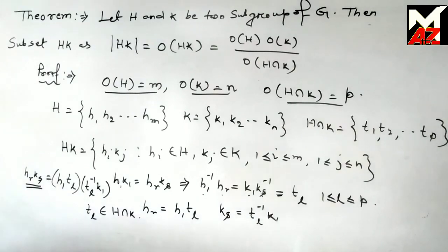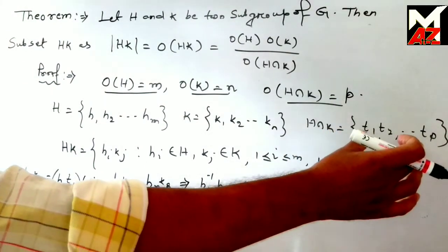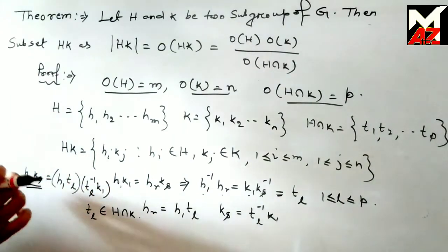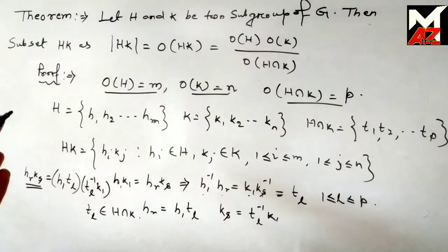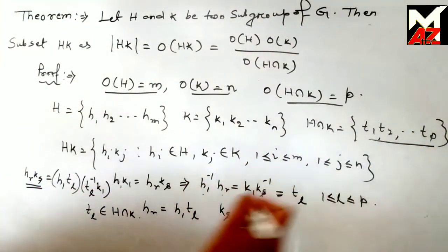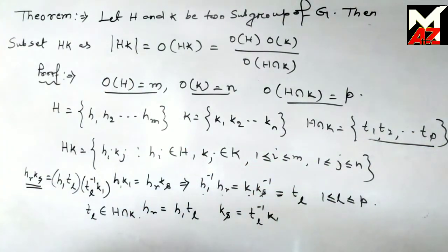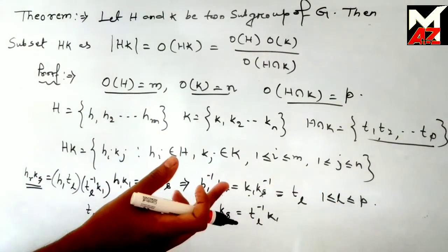That is, for each of t1, t2 to tp we get another expression of hr into ks. That is, hr into ks appears in this list how many times? p times, because here there are p options t1, t2 to tp. So one element appears in this list p times.